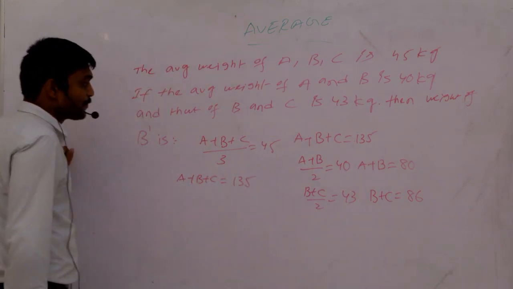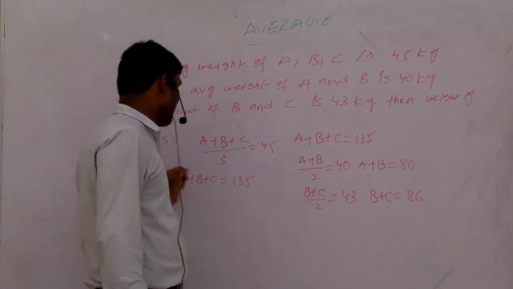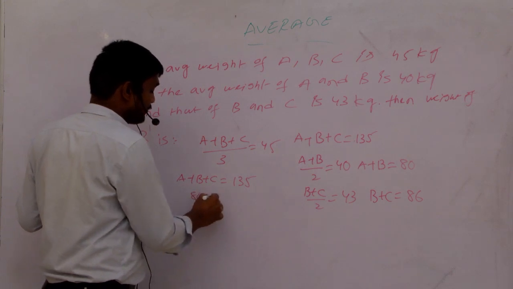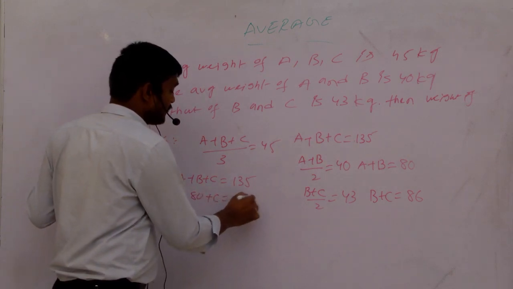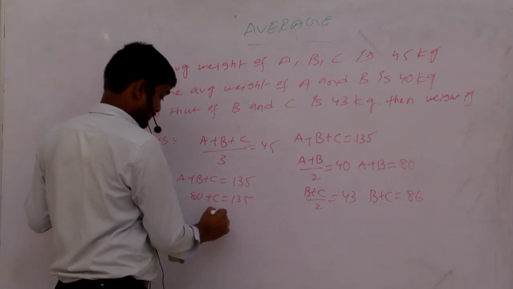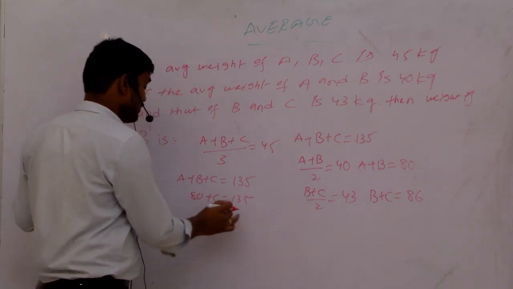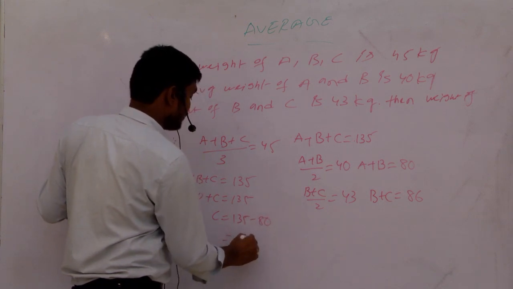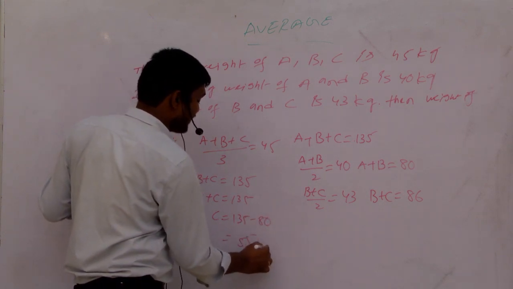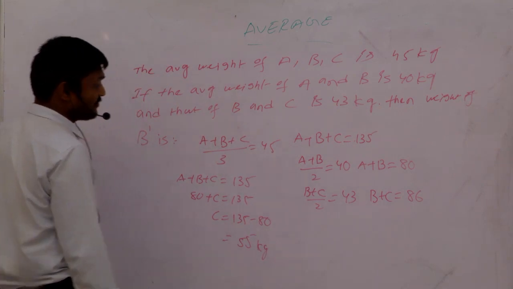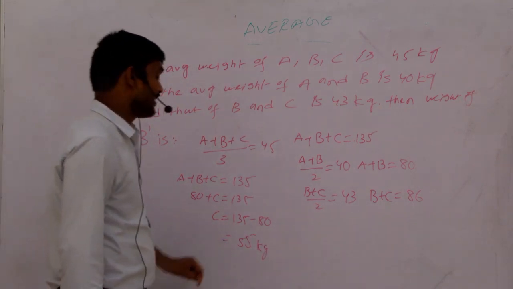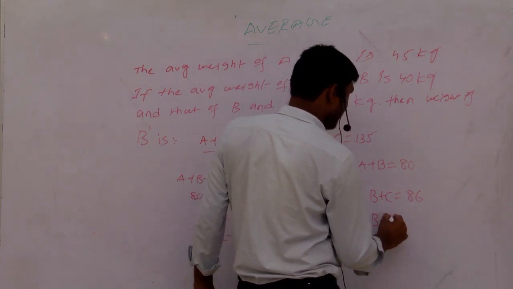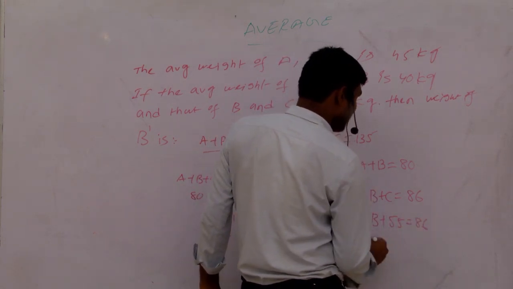So we can substitute A plus B value in this equation. So 80 plus C equal to 135. So C equals 135 minus 80, that is 55 kg. C's weight is 55 kg.